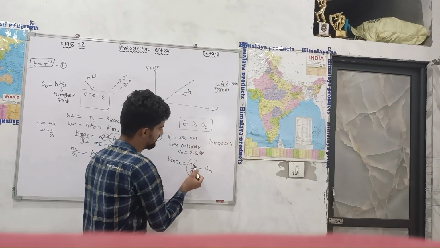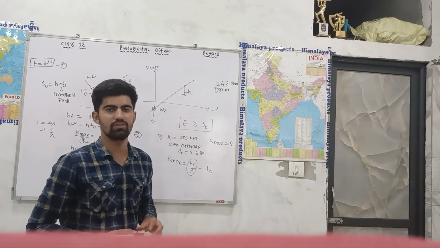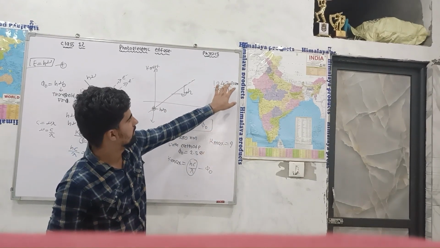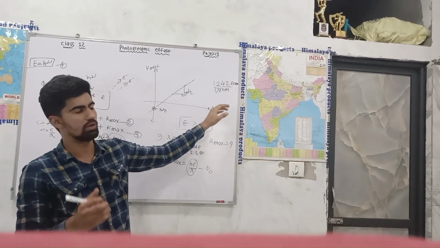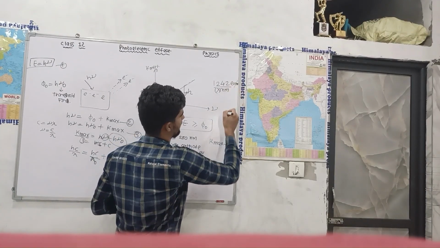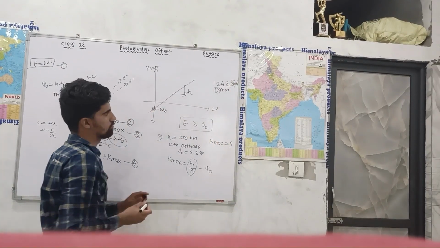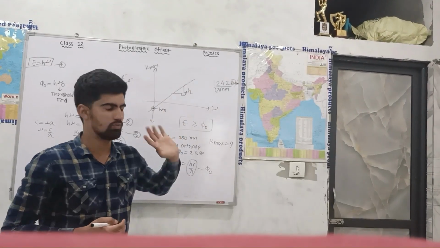This is the multiplication of h and c. You don't have to multiply h and c. We are given 1242 electron volt nanometer. This is the unit. So when we put in the value of wavelength, the nanometer cancels and we have the final value of this term in units of electron volt.